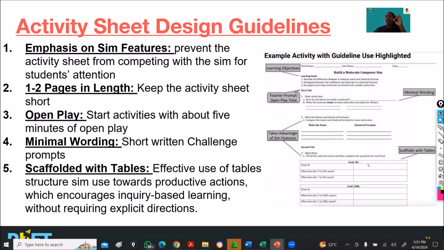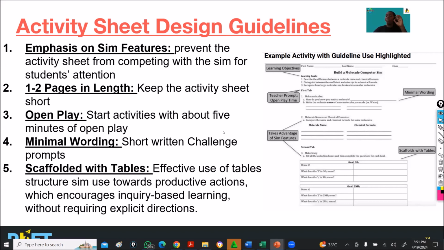I'm sure in this course you are going to learn how to create very good challenge prompts for your activity sheet design. And it should be no more than 2 pages. Please, no more than 2 pages. You should keep it short, and it should align to your goals.